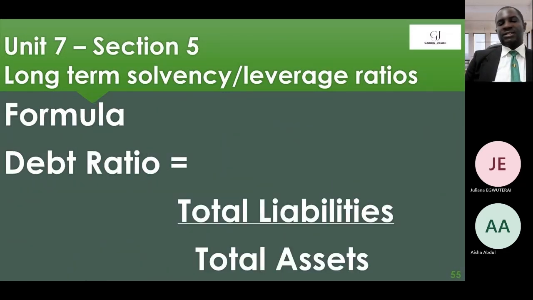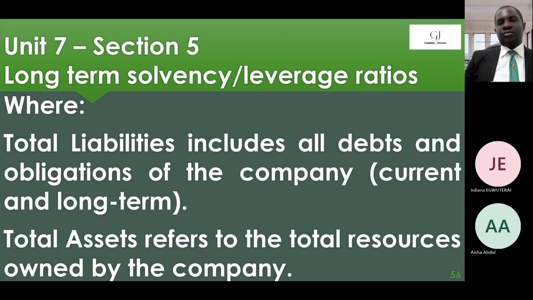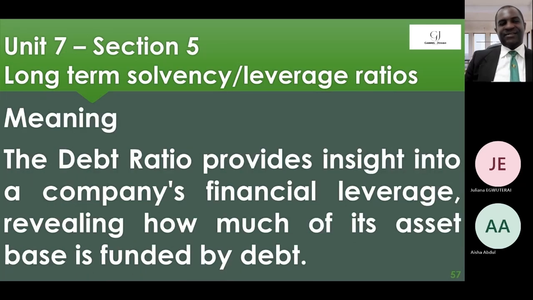We have our total liabilities as the numerator and our total assets as the denominator, where total liabilities is current and long-term, and total assets include current and non-current. So total liability is current and non-current. Total asset is also current and non-current. Quite funny.